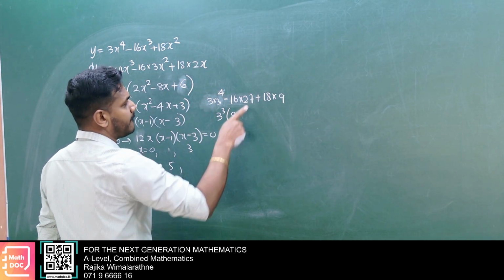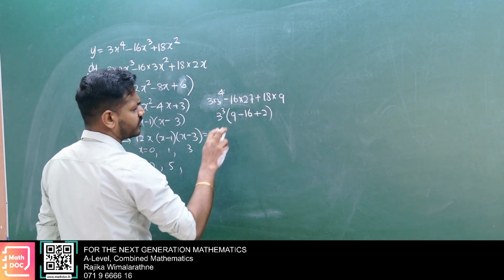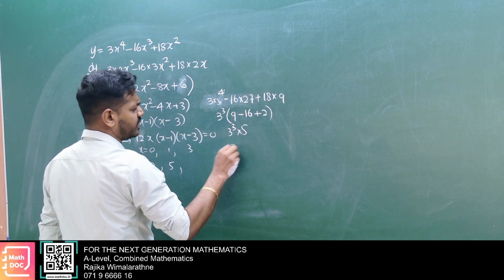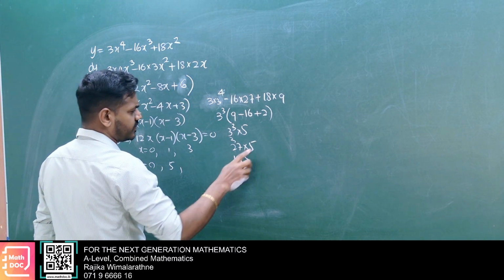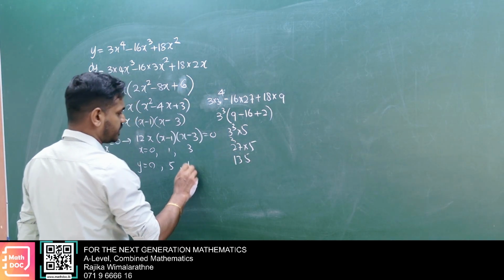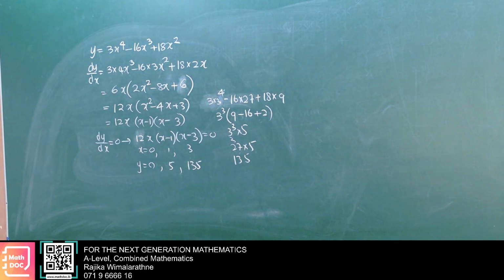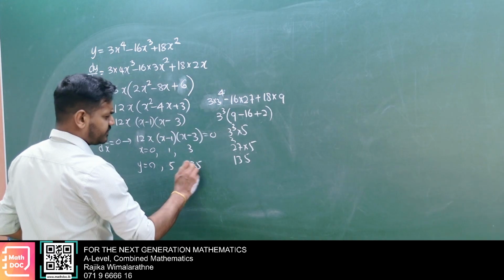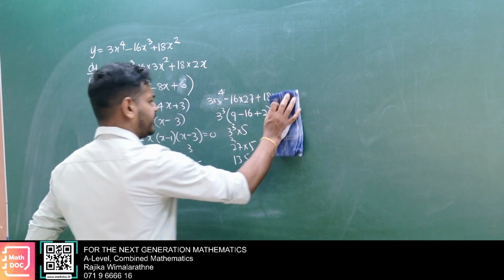Then 9 minus 16 plus 2, which is minus 5, times 3 cube. 27 times 5 is 135, so the value is minus 135. Check the values.